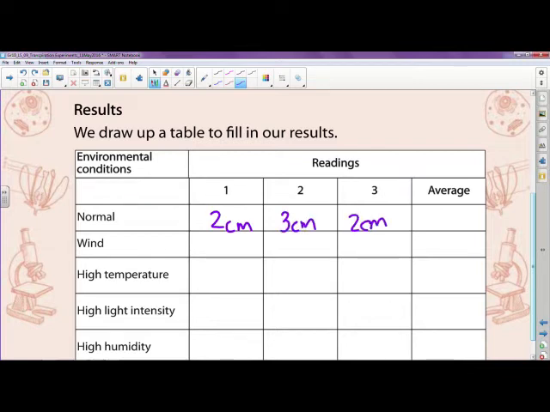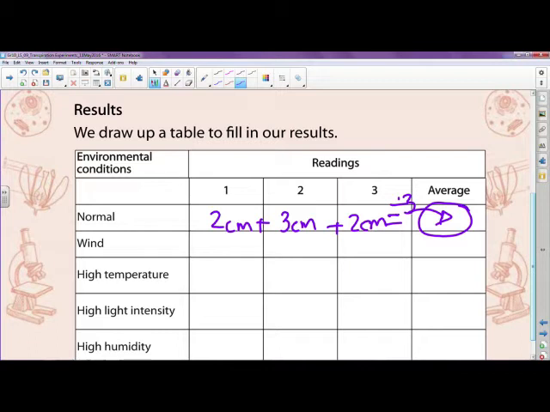So I do the test 3 times each, because what I need to get at the end is an average. So I add all of them up, I get an answer, and then I divide by 3 to get my average, because that's what we're going to do.